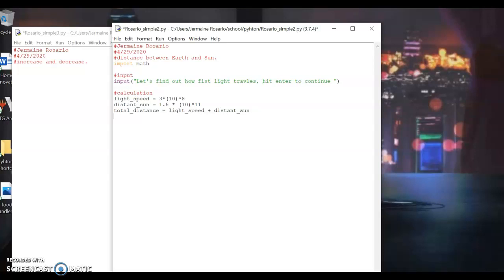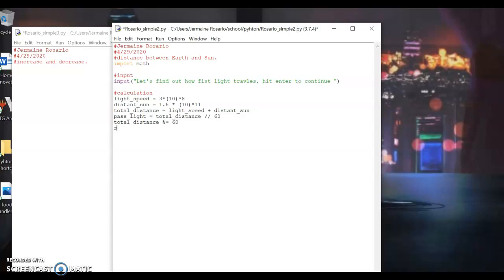And now to find out in minutes, do the pass for light, and then total distance, find the remainder with 60, and then to get seconds, we take total distance and find the remainder of it with 60 seconds.